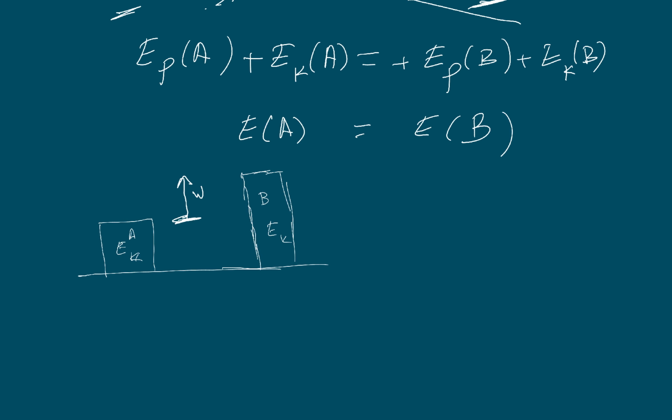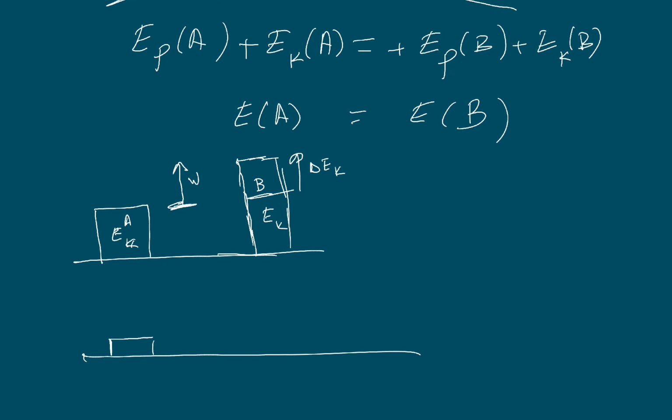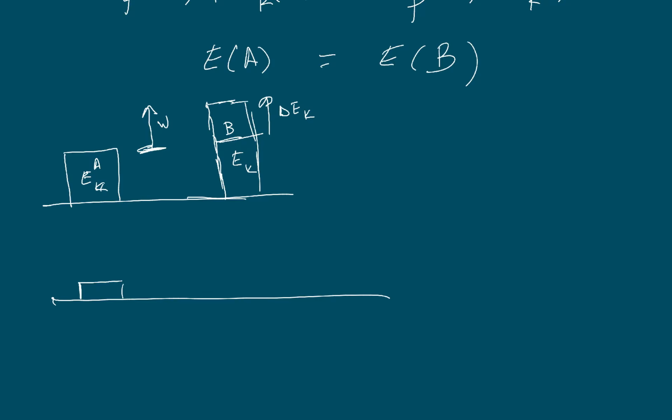Now, what happened with the potential energy? Let's say that was a small amount. It doesn't matter what the amount is. What the theorem of conservation of energy says is that the amount that the kinetic energy has increased, this change in the kinetic energy, is the same amount that the potential energy has decreased.